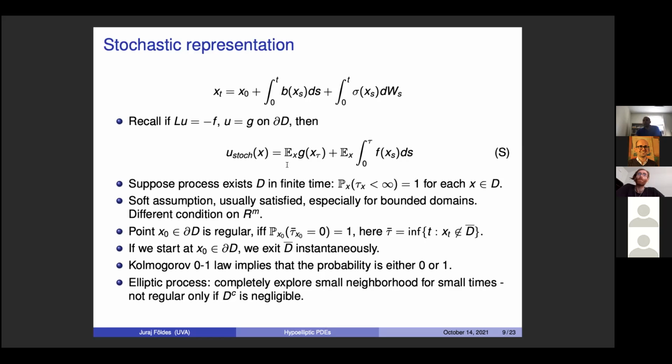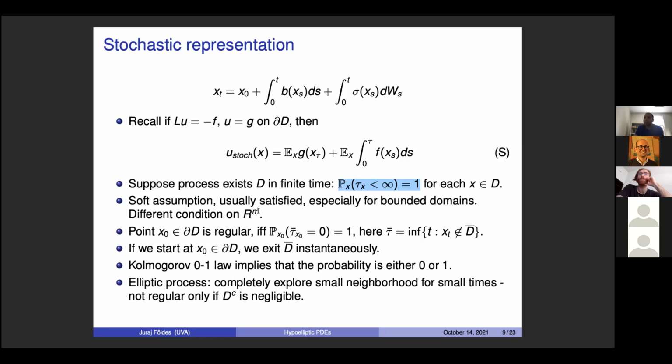So let's look again at the stochastic representation, and this is going to be a big help to us. And remember that our stochastic equation has this form. And here is going to be a very soft assumption. I'm going to assume that our process is going to exit the domain with probability 1 in finite time. So this is a usual assumption. You need just a little bit of diffusion, especially for bounded domains, for this to be satisfied.